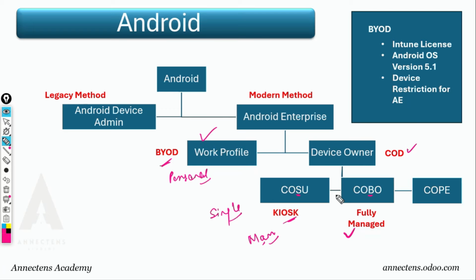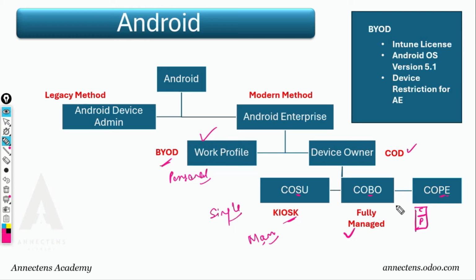And COPE means personally enabled: this is a company device, but we can still have corporate and personal stuff on this device. That is called COPE. So personally enabled device, I would say, just to help you remember.